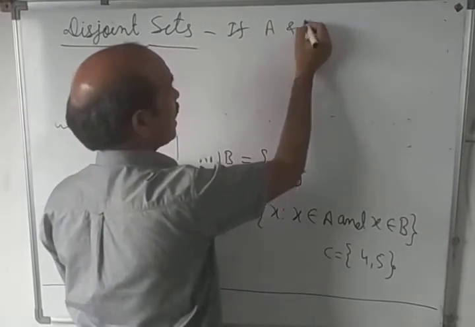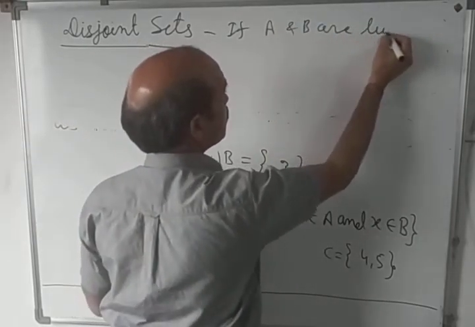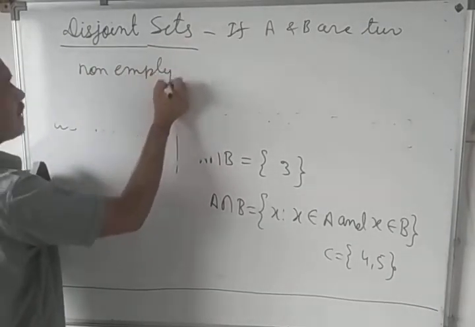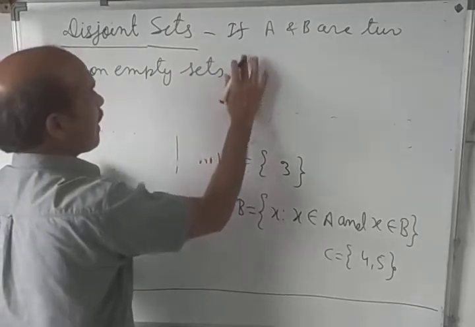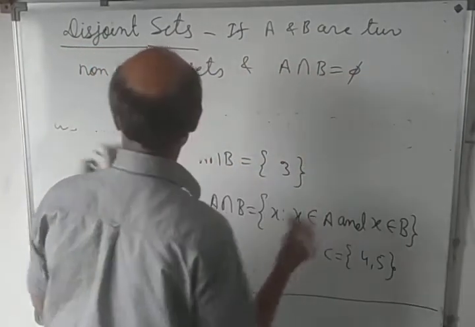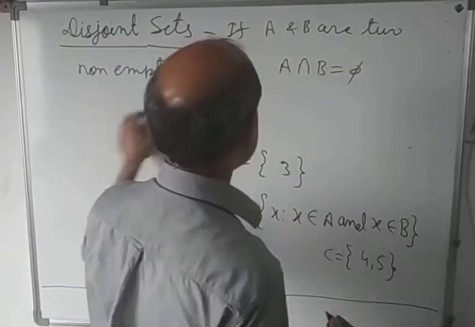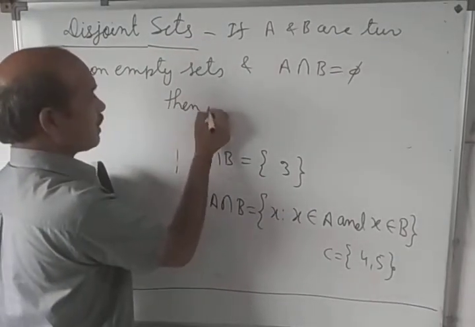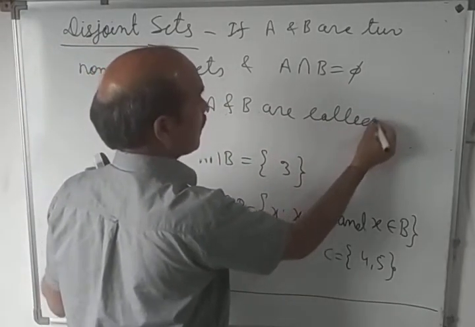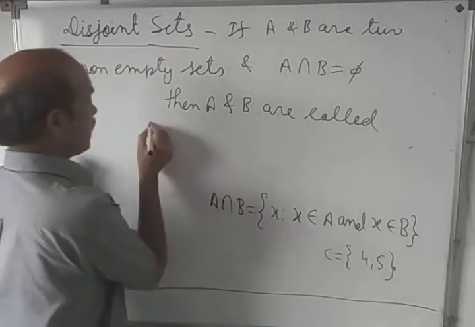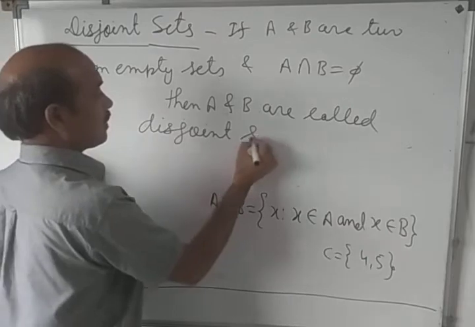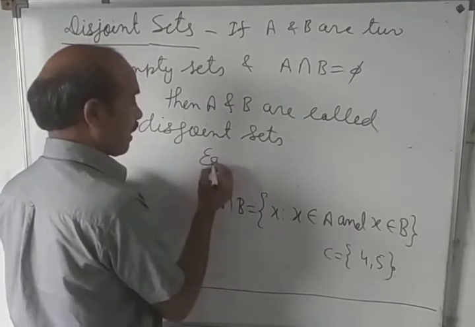If A and B are two non-empty sets and A intersection B is null set, means nothing is common, then A and B are called disjoint sets.